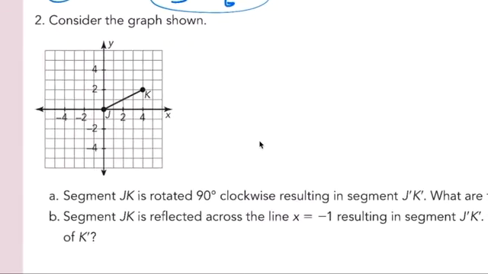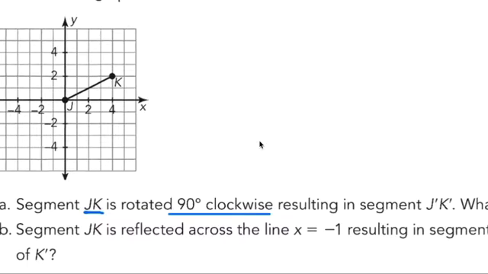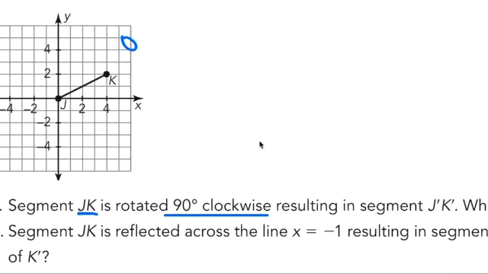Consider the graph. Rotate JK 90 degrees clockwise. In 90 degrees, 0, 90, it's right here. 0, 0 is going to stay the same. It's this K. It's going to be here.